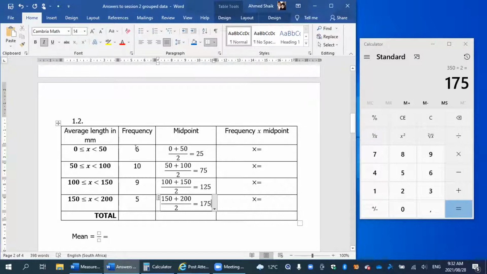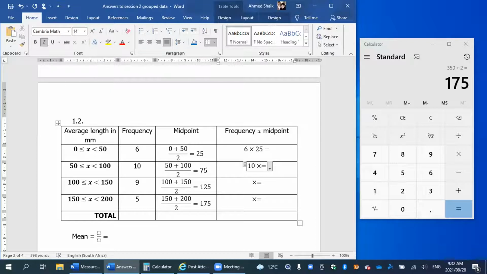We do have our frequency and we do have our midpoint. Let's do our first interval. The frequency was 6. The midpoint that we calculated was 25. Okay, let's enter all our values and then we can calculate our answers after we complete entering our frequency times midpoints. Okay, so we got our next interval. Our frequency was 10.